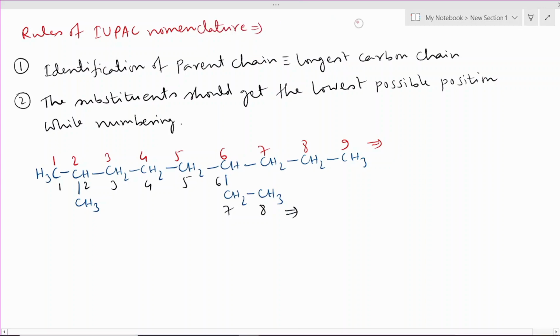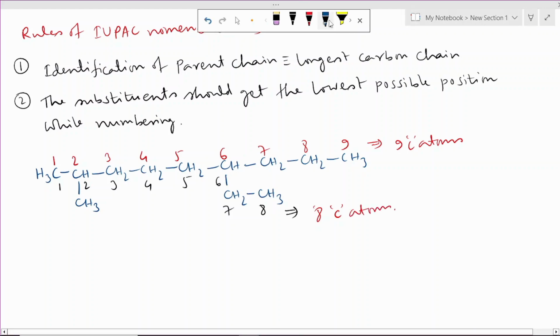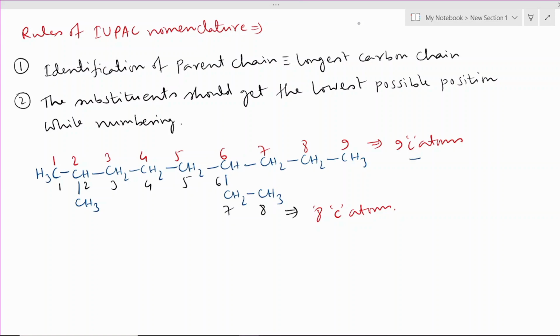So this way of numbering depicts that the chain contains 9 carbon atoms, and this depicts the chain contains 8 carbon atoms. So we can see that this will be the correct numbering, and this will be the parent chain.